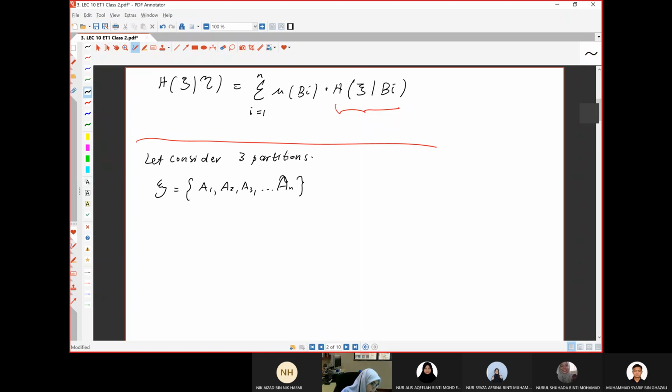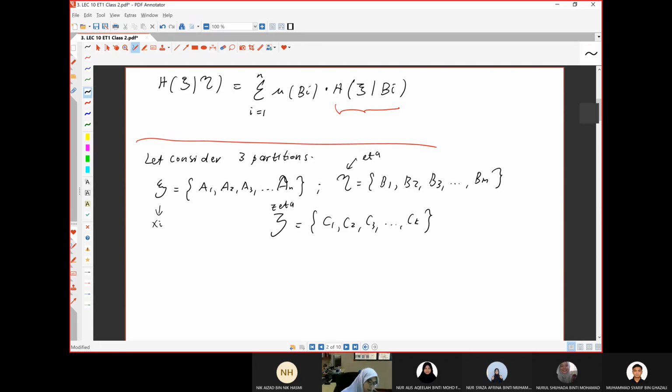So we consider finite. And the second partition is given by the elements B1, B2, B3 until Bm. And the third partition we call zeta, equal to C1, C2, C3 until Ck. So this is psi, this is eta, and this is zeta.